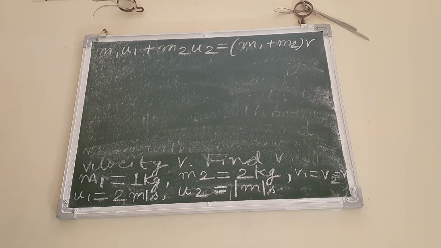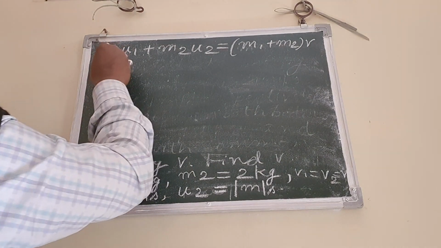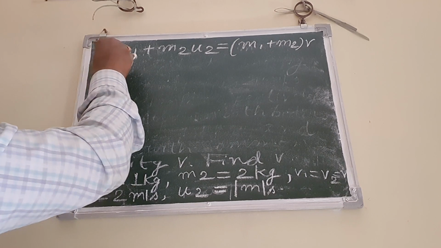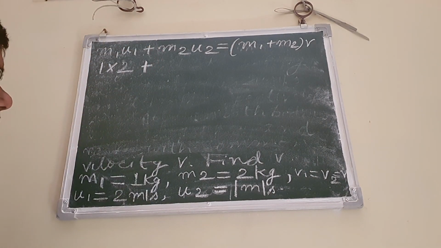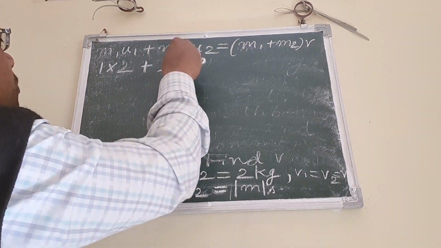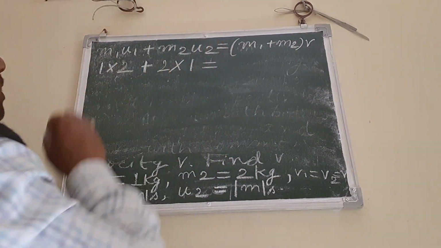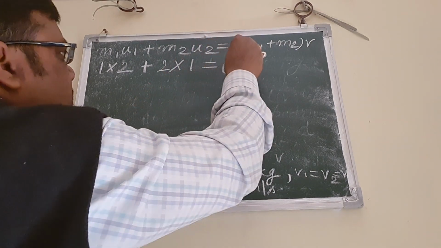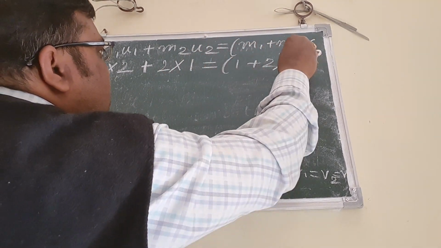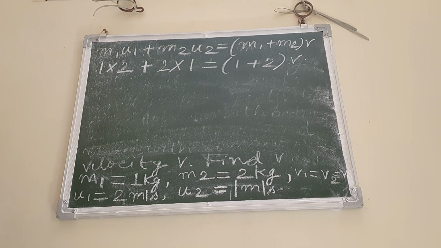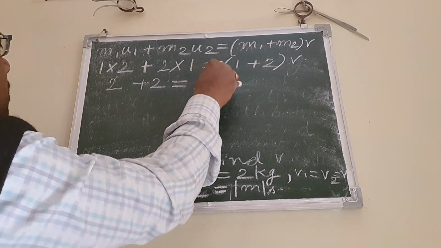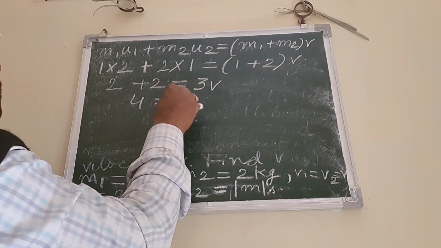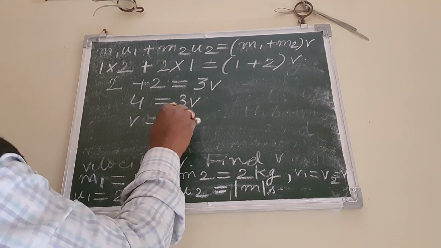So 2 plus 2 is equal to 3v. So 4 is equal to 3v, v is equal to 4 by 3.